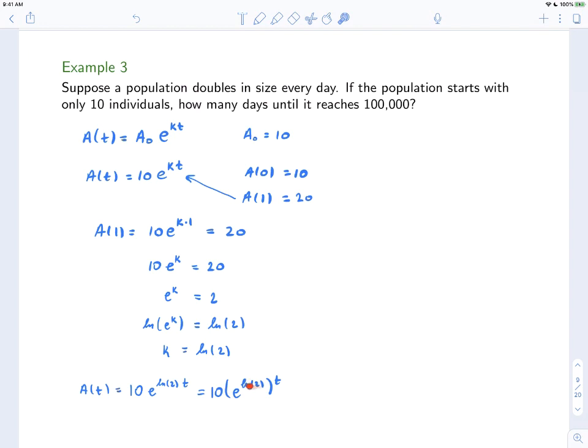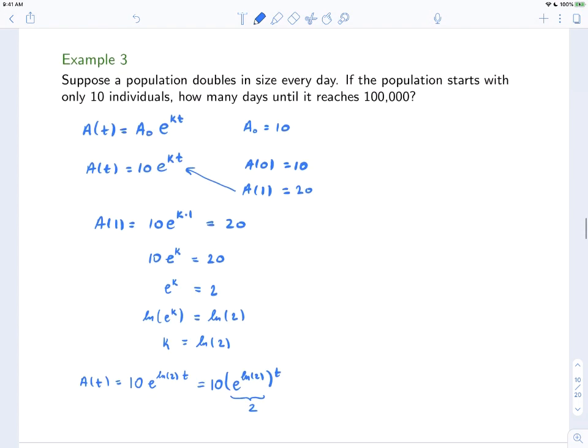So e to the ln of 2 raised to the t is e to the ln of 2 times t. But e to the ln of 2 is equal to 2. So that tells us that A, evaluated at t, is equal to 10 times 2 to the t. And this is our formula.